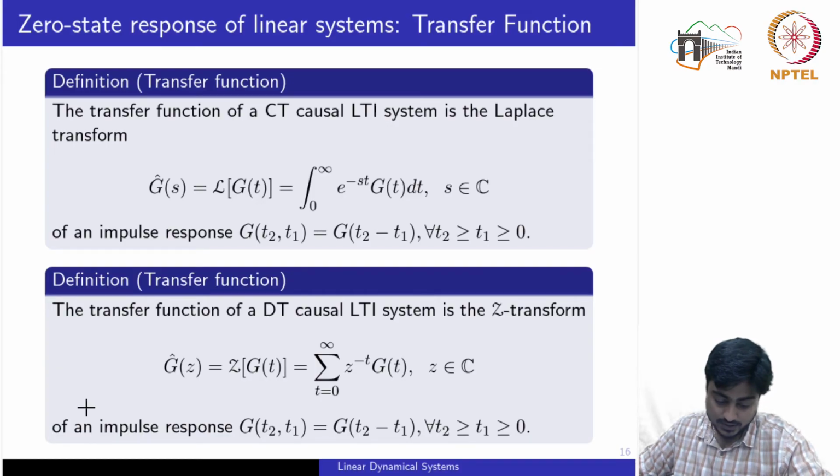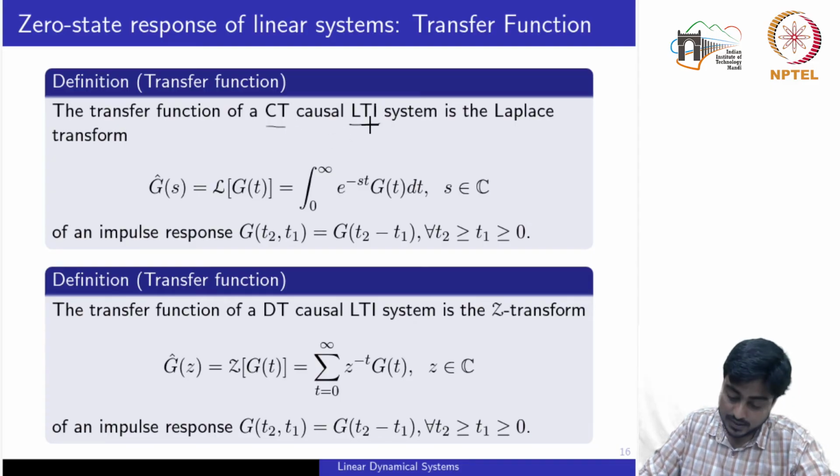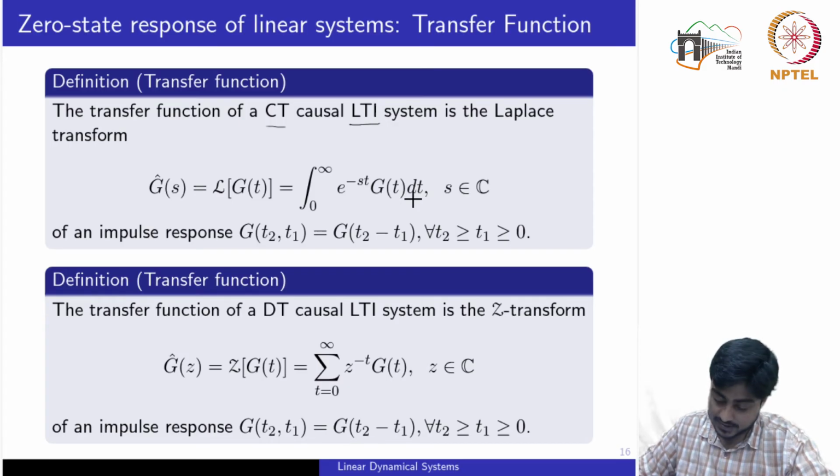So here we have these two definitions in the continuous time domain and in the discrete time domain. The transfer function of a continuous time, causal, linear time invariant system is the Laplace transform defined by this, where s is a complex number, of an impulse response g(t2, t1), which can be replaced by t2 minus t1, as we had seen in the earlier slides, for all t2 greater than or equal to t1 and greater than or equal to 0.